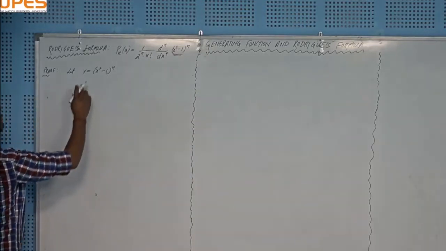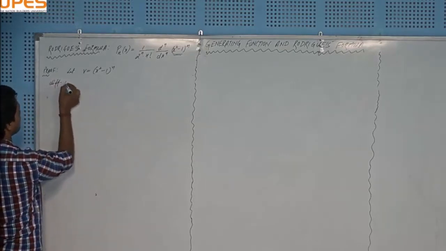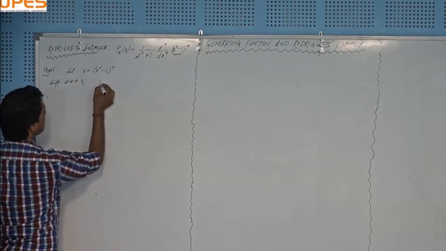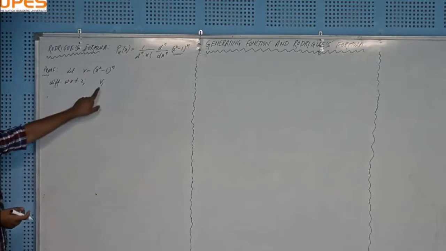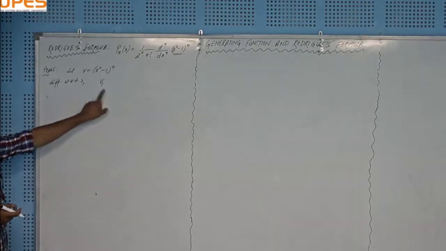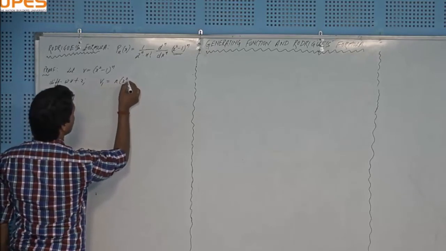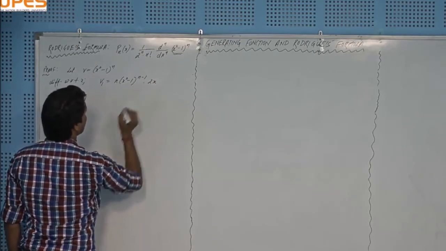But before that, I will differentiate it once with respect to x. So on differentiating it, I will get the first derivative v1. I am denoting it by v1 suffix. This is denoted for first derivative, right? So v1 is equal to n times x square minus 1 to the power n minus 1, and again the differentiation is 2x, right?